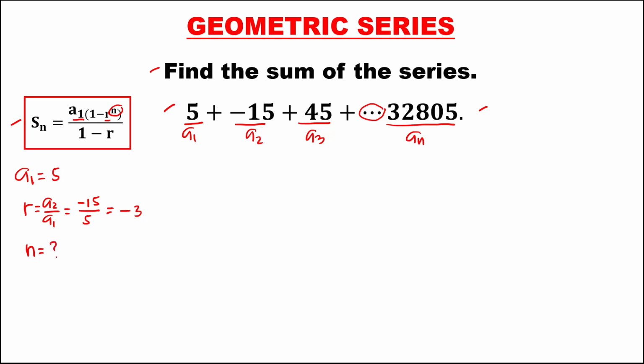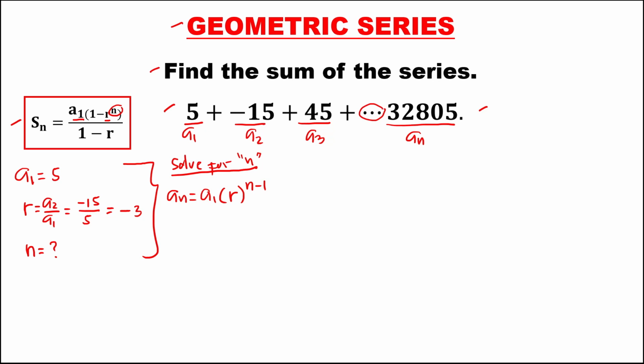So therefore, we need to solve first for n, or for the number of terms. So for this geometric series, using the geometric sequence formula, a sub n equals a sub 1 times r to the power n minus 1.